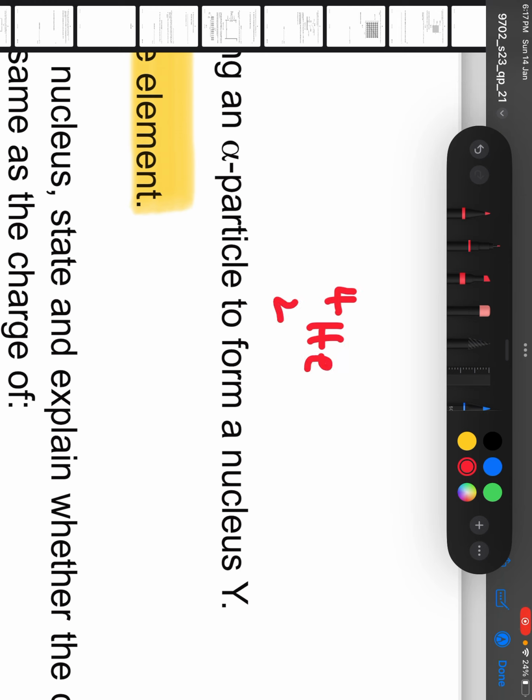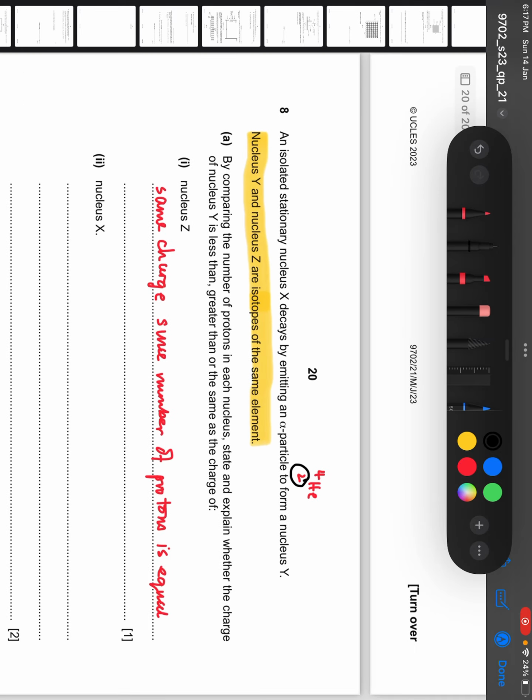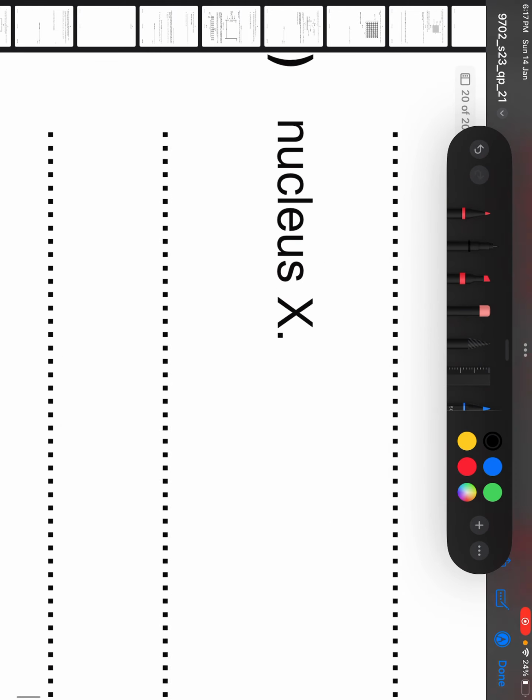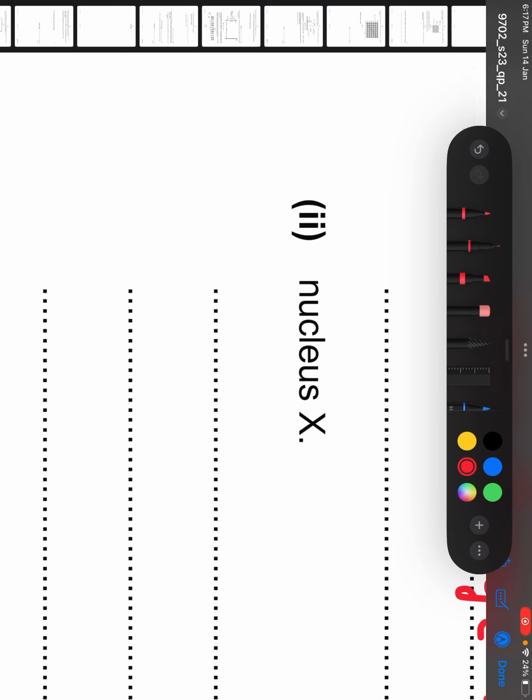So whenever it is produced, 2 protons have been removed from X, such that Y has 2 fewer protons. Since the protons determine the charge of a nucleus, the charge of Y is less than the charge of X.